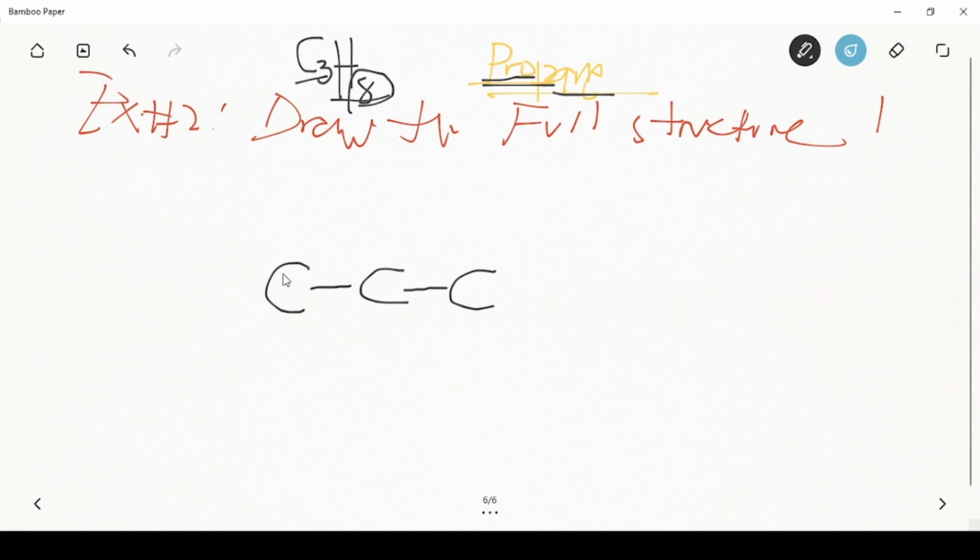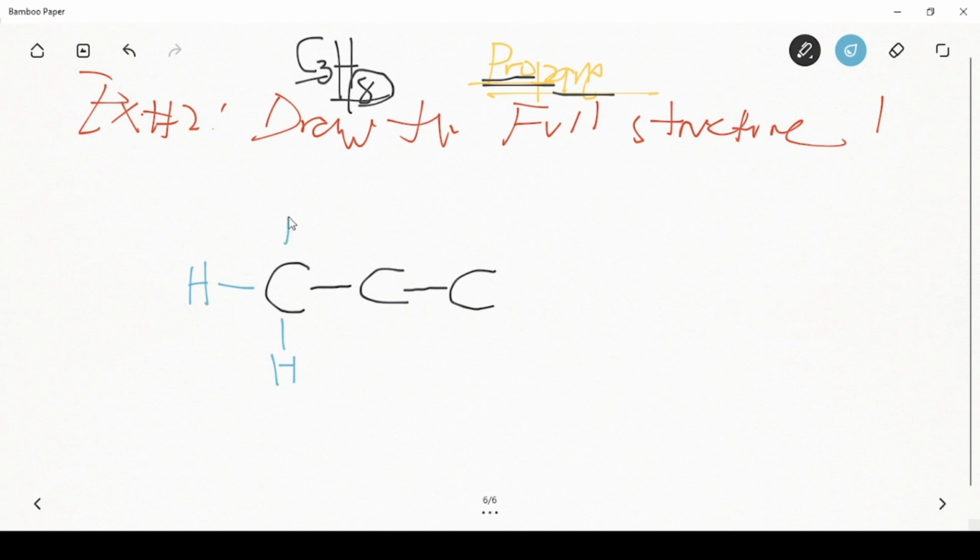If the carbon is at the edge, at the right or left side, for example this carbon and this carbon, since they are at the end and the beginning, these 2 carbons will each carry 3 hydrogens.